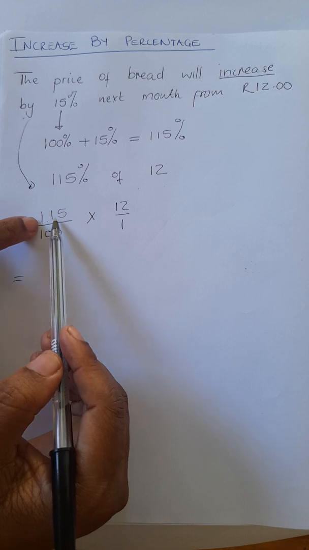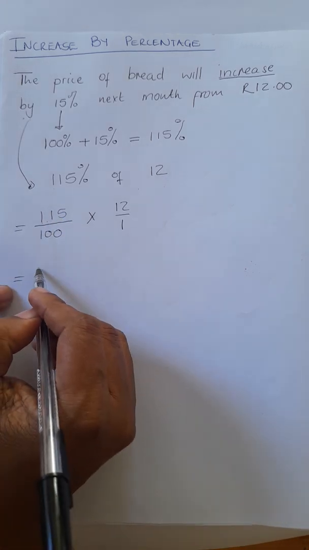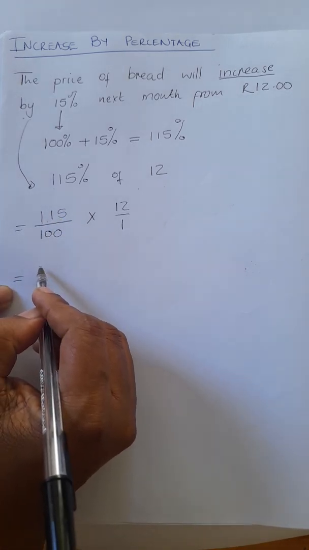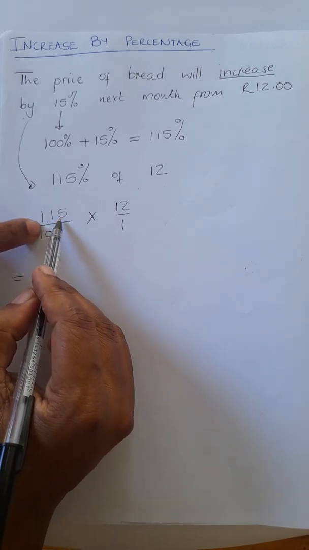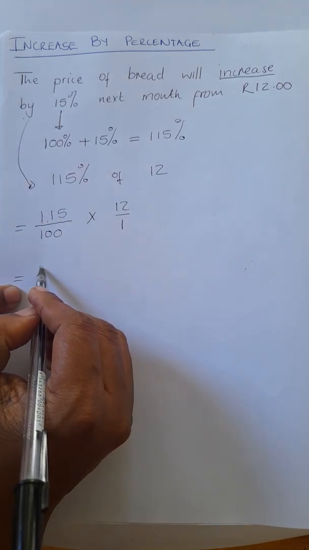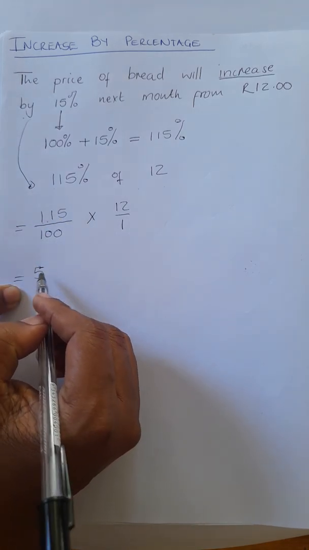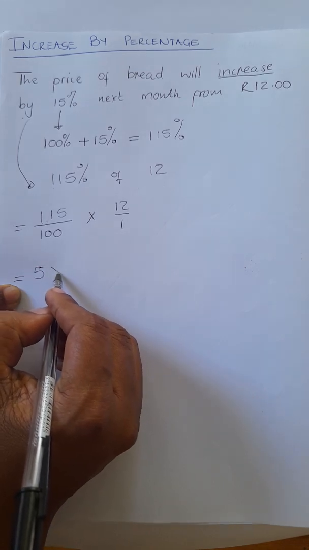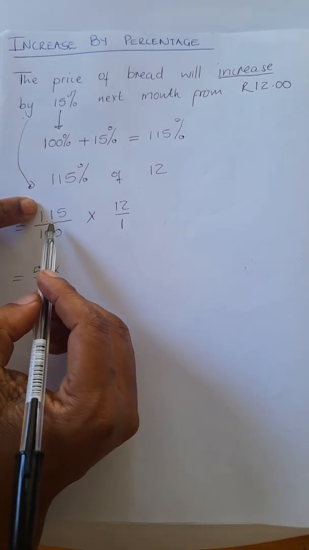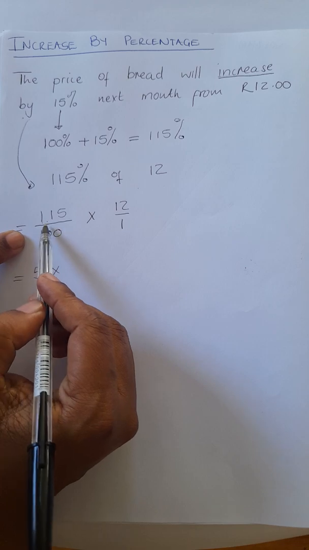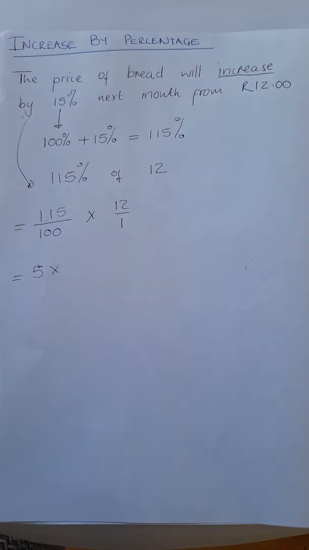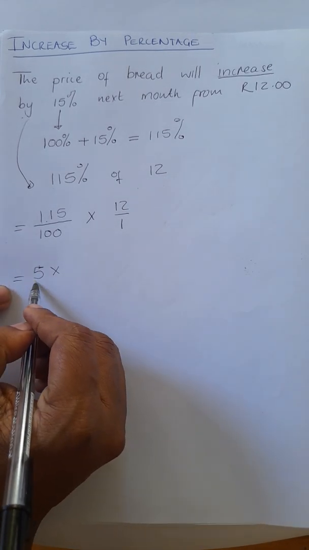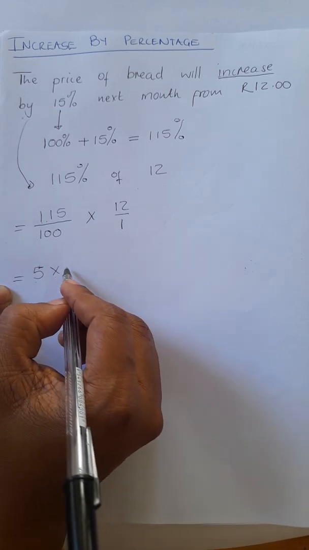I think 5 can go here. Because 2 cannot go and 3 cannot go, the next number will be 5. This will be 5 multiplied by 23.